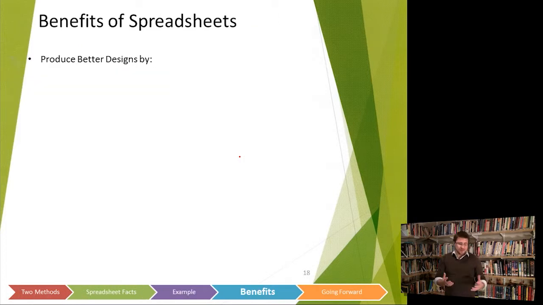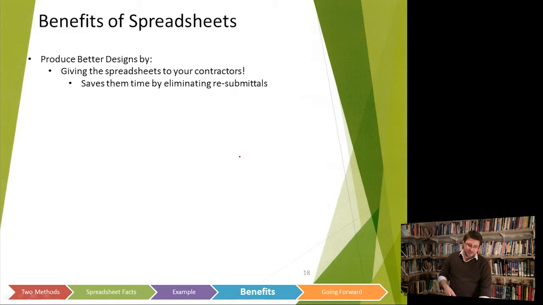Okay, so let's talk about some of the general benefits of the spreadsheet. As we saw in that example, it'll produce better designs. Really, one of the best things is we encourage counties to email this out to your contractors. The contractors that do pump design in your county, send this to them and say, hey, we're going to start checking for this.